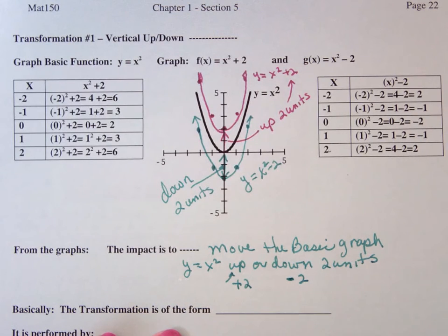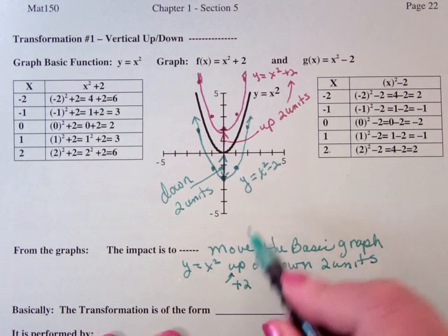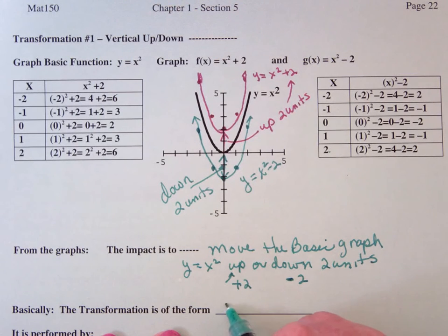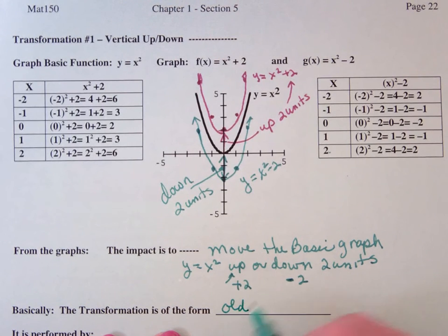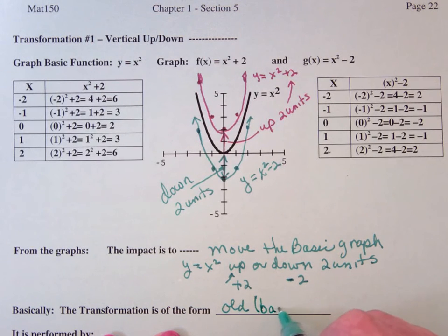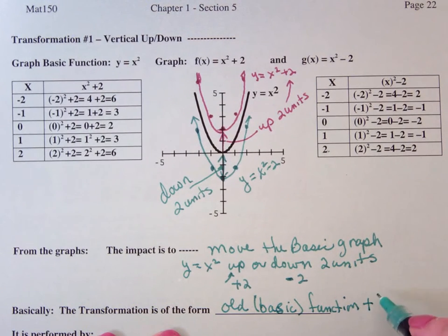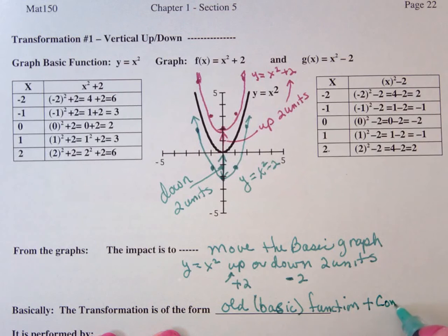So the basic transformation is going to be essentially the old function, f of x, add some constant.